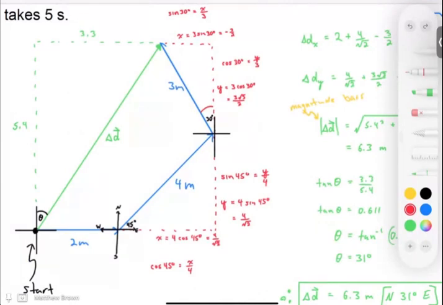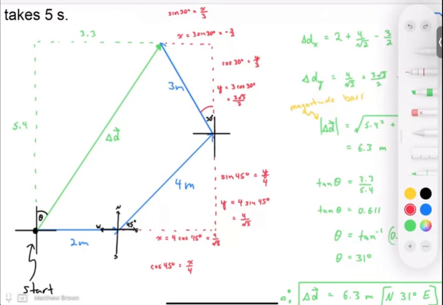So the way I would do this, particularly because I've got 3 different vectors here, I don't want to be doing triangles and cosine law and all that. You can, but I find the most straightforward approach is just take each vector. If it is not in a direction north, east, south, or west directly, then break it into its components.